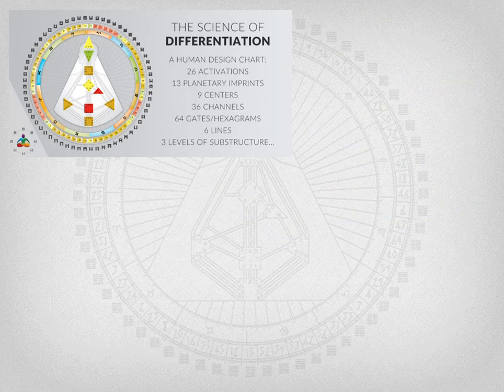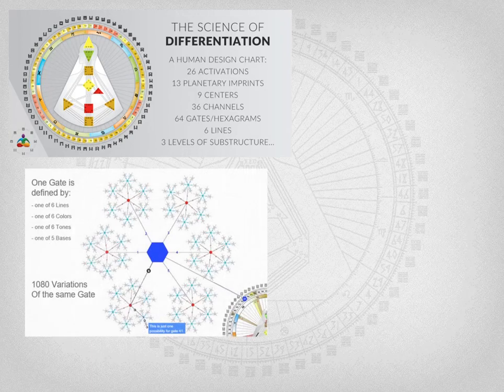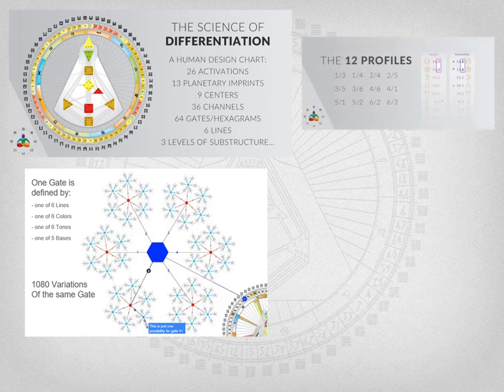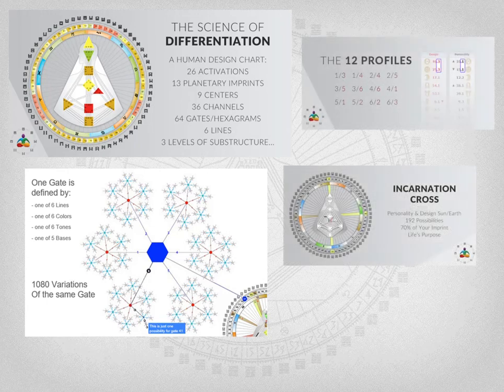Human design is truly a science of differentiation, with a huge variety of planetary activations, center combinations, channels, gates and lines. Just one gate has 1080 variations when you really delve into the information. And then there are the 12 profiles and the 192 crosses.